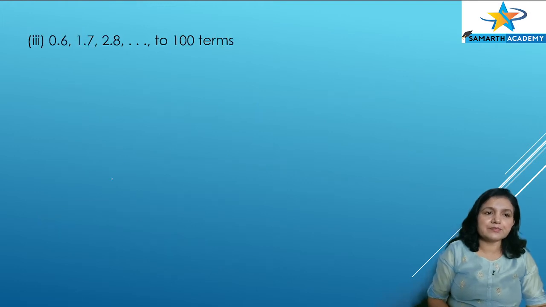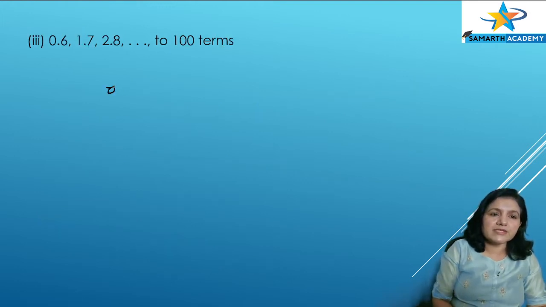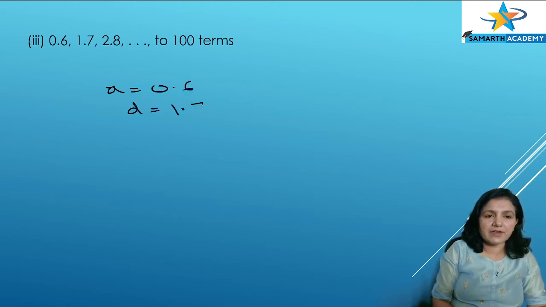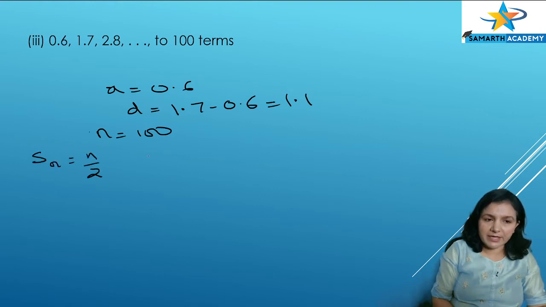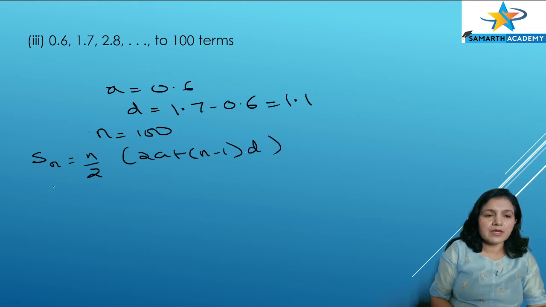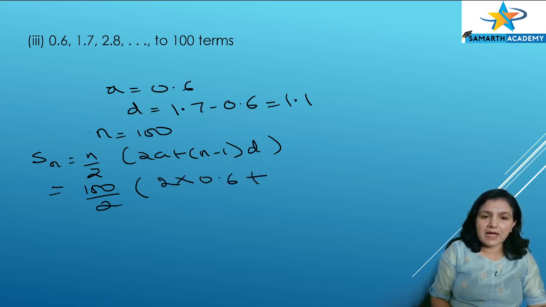Question 3. a equal to 0.6. d is 1.7 minus 0.6, that is 1.1, and here n is equal to 100. So using the formula Sn equals n by 2 (2a plus (n minus 1) into d), we get 100 by 2 (2 into 0.6 plus (100 minus 1 is 99) into d, which is 1.1).